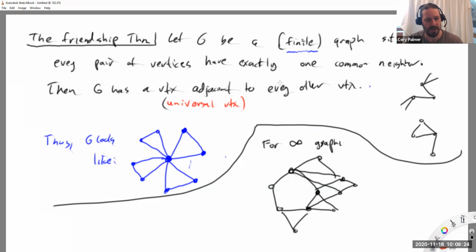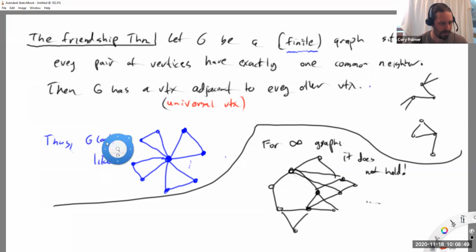But this will satisfy the exactly one common neighbor property, and it won't have a universal vertex. Maybe that requires a little bit of thought, but I think it's pretty evident. You keep building like this, and no vertex is adjacent to everything in this picture at all. So for infinite graphs, it does not hold, which is of some interest as well.